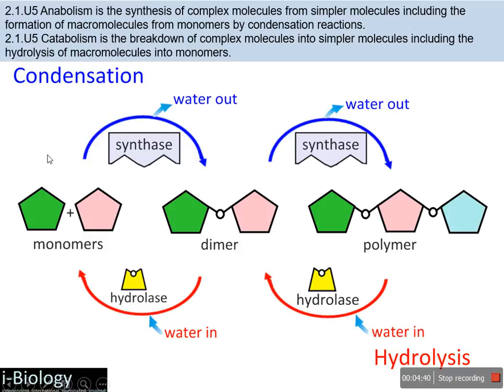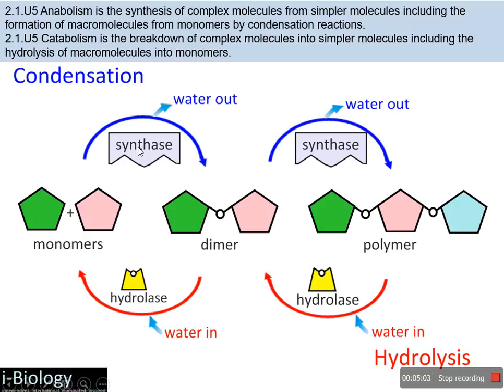So, let's have a look at our condensation reactions here. You've got 2 monomers, single molecules. Maybe it's glucose, maybe it's a pentose sugar. So what happens is there's a reaction involving an enzyme, a synthase.